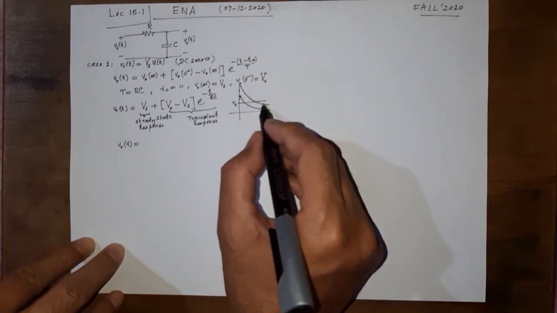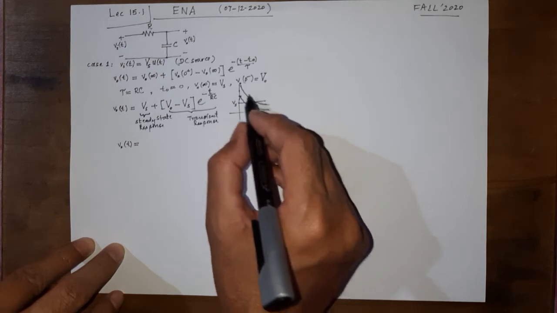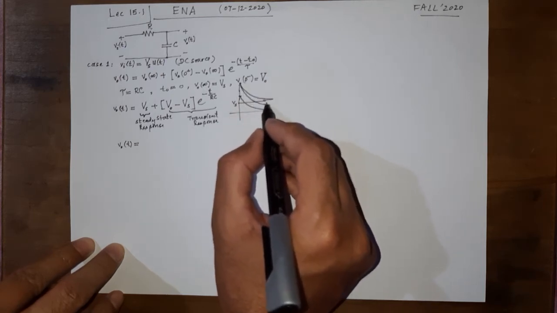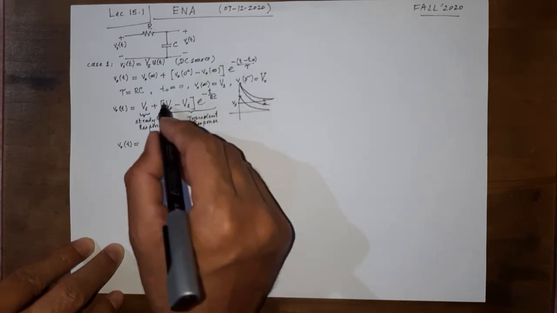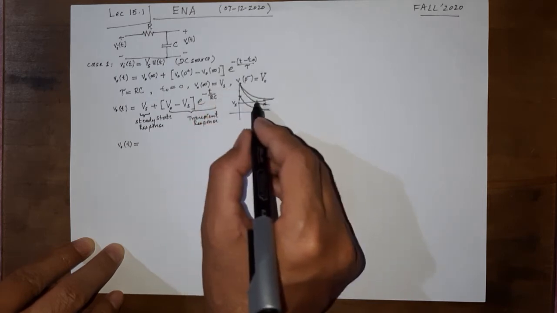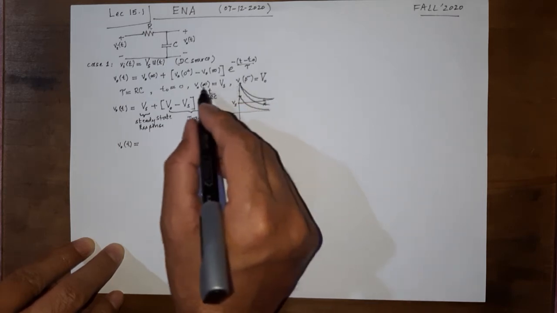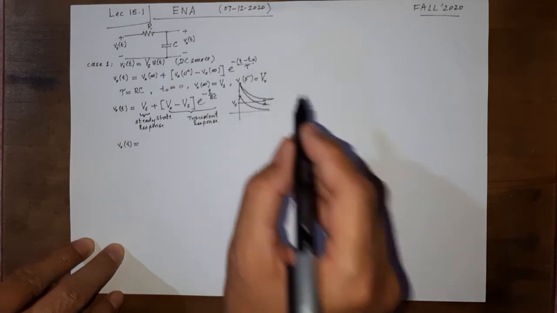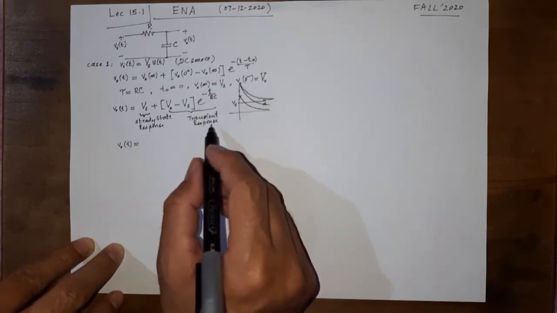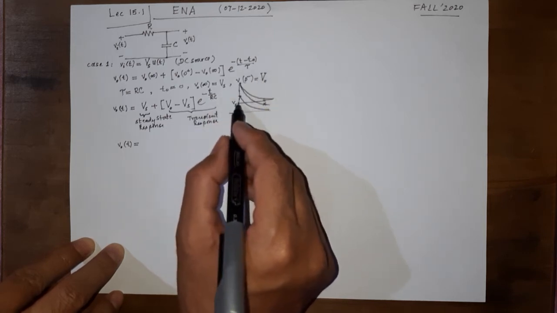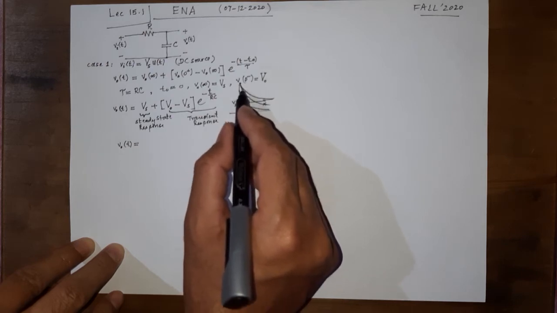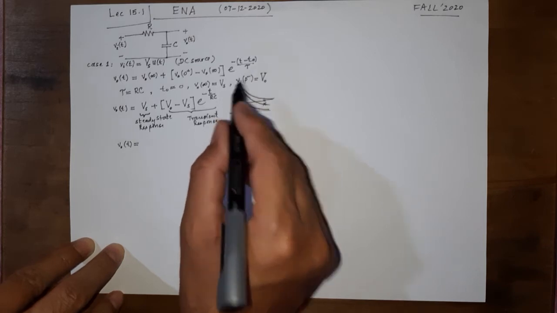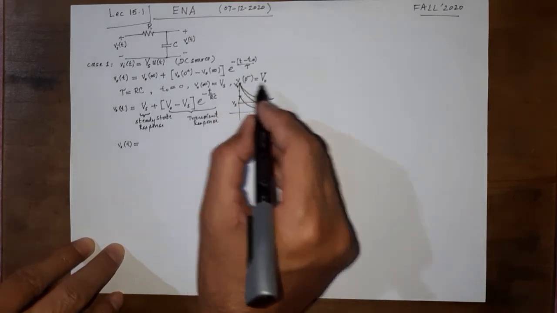So we can see that ultimately it is going to attain the value Vs, which is the final value of V naught. Initially it was V naught. So if this is V naught minus Vs and this is Vs, adding these two is going to give us V naught. So this point is at V naught.